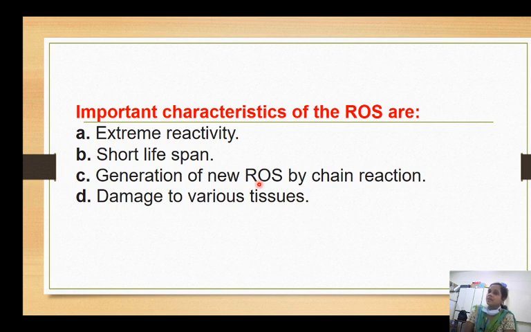So the process is very fast and the generation of new ROS is by chain reaction and it damages various tissues. It does not leave any of the tissues once these reactive oxygen and nitrogen species are formed. They react with the surrounding medium very fast, though they have a very short lifespan. They generate more and more reactive oxygen species by chain reactions and they damage various tissues.